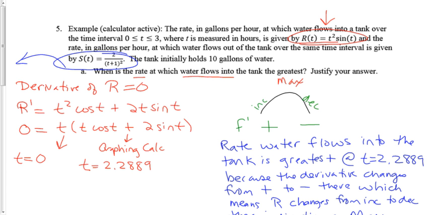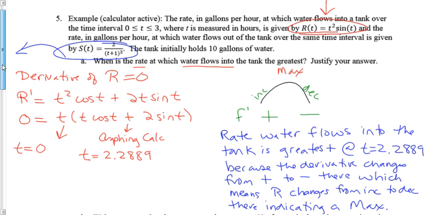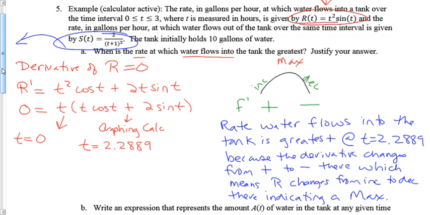I want to know how much water is actually in there, which means what I need are some antiderivatives. So part B is really just asking for an expression, and I can leave an antiderivative in an expression. So I'm going to do the antiderivative of R minus the antiderivative of S, and I'm going to go from 0 to t on my bounds, because that will give me the amount of water for any t value that I plug in.